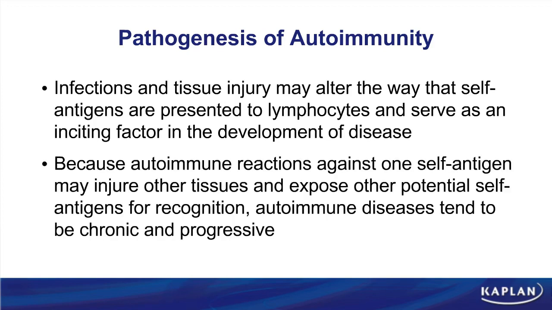But again, what we see in these very complicated diseases is that a lot of the time, if we have an autoimmune reaction to one tissue, we can actually see other tissues involved as well. And these diseases tend to be very chronic and tend to be progressive.